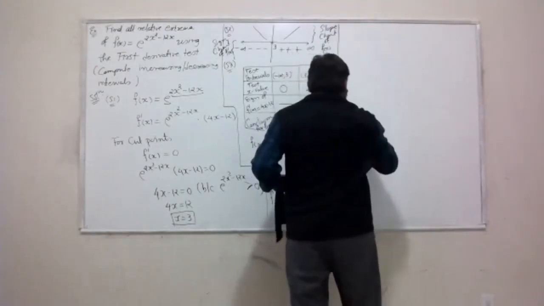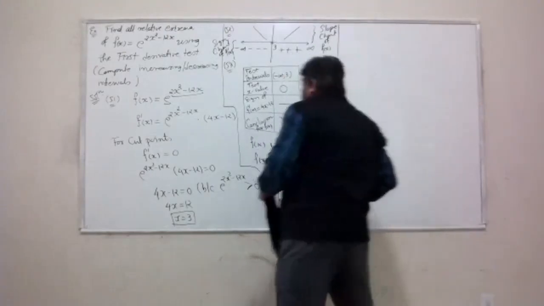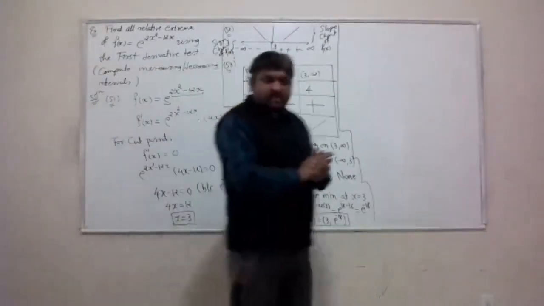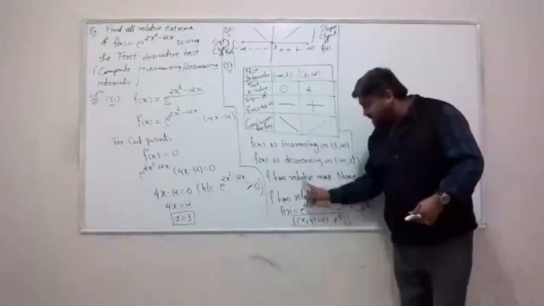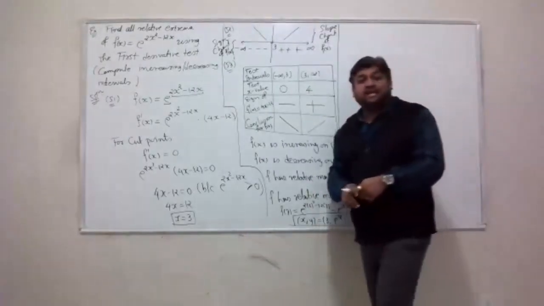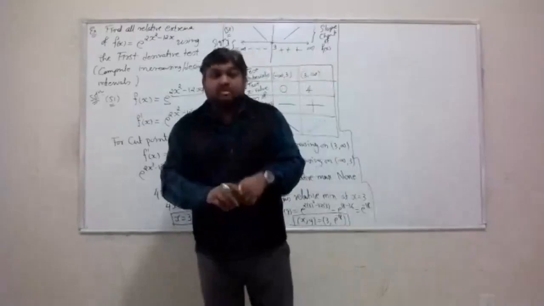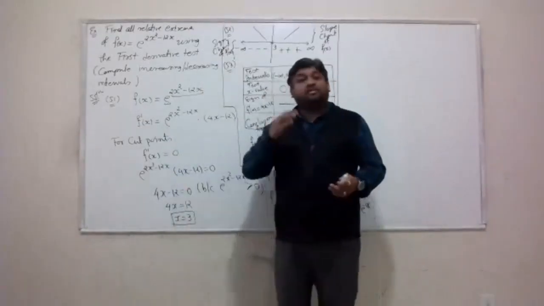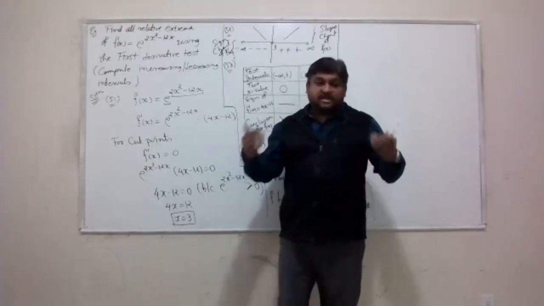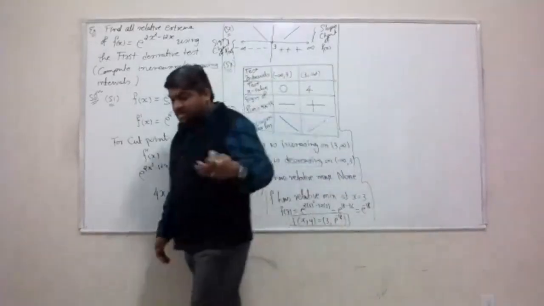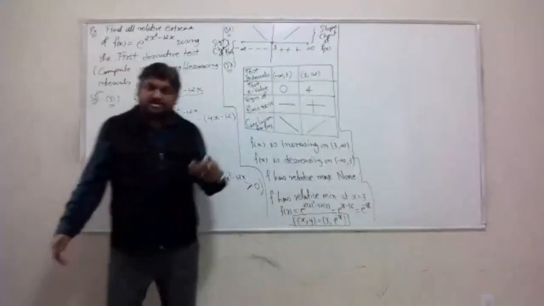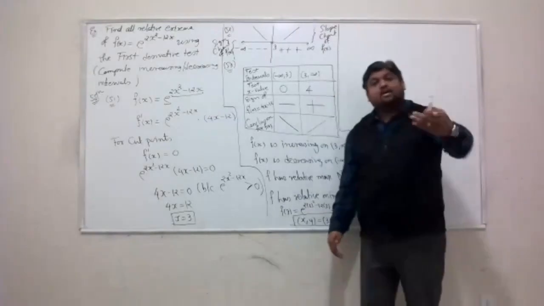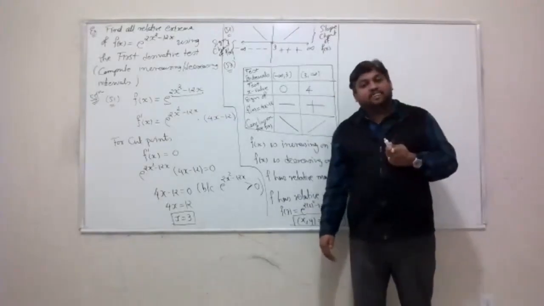Remember, we have two different tests to classify the nature of the cut point of f prime x. The second test that gives us the same information is called the second derivative test, right? This is the fastest way to classify if the cut point of f prime is max or min. As I said, even though it's the fastest way, it comes with some price, right? And the price is very clear: the second derivative test is weaker compared to the first derivative test.